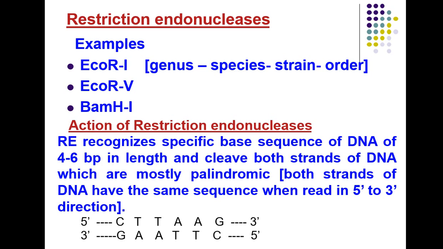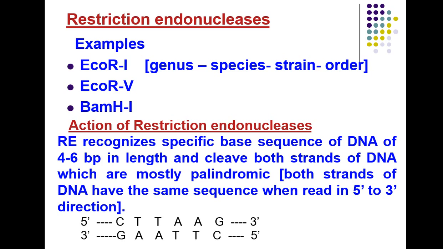Both strands of DNA have the same sequence when read in 5' to 3' direction. So these enzymes recognize a specific base sequence of 4 to 6 base pairs and cleave both strands, which are mostly palindromic.